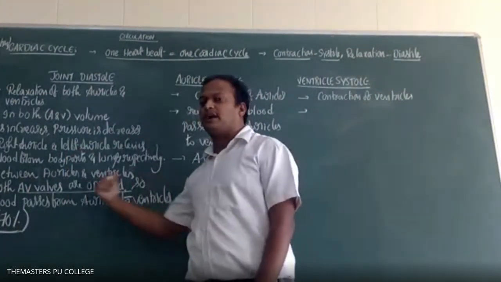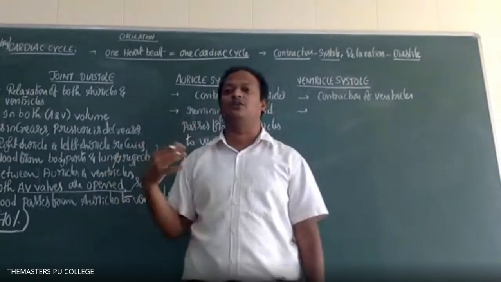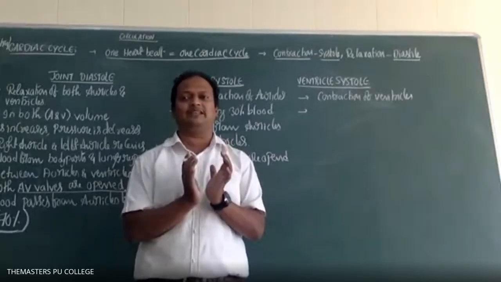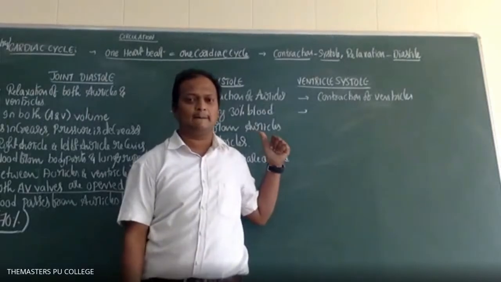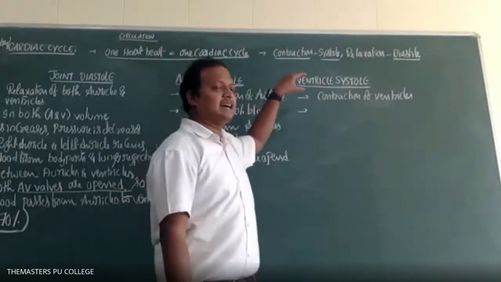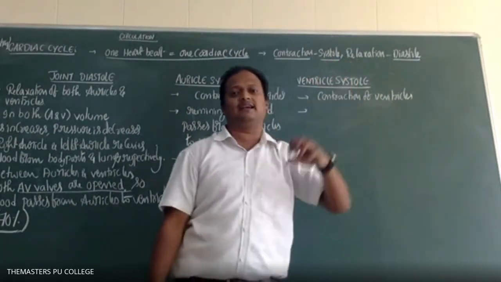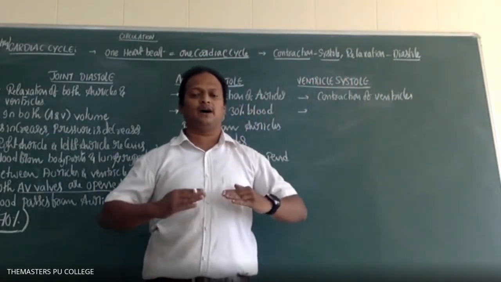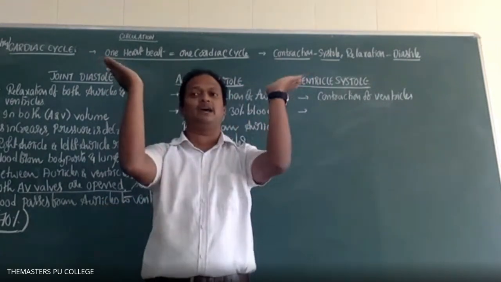In the first two steps, joint diastole and auricle systole, what happened, students? Ventricular filling took place. The ventricle is filled with blood. Now, by the contraction of ventricles, the blood is distributed from the ventricles to where?